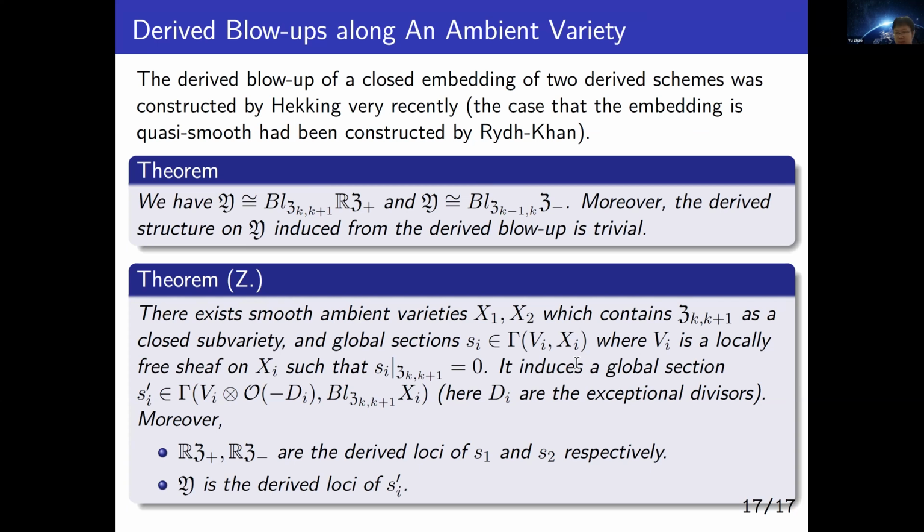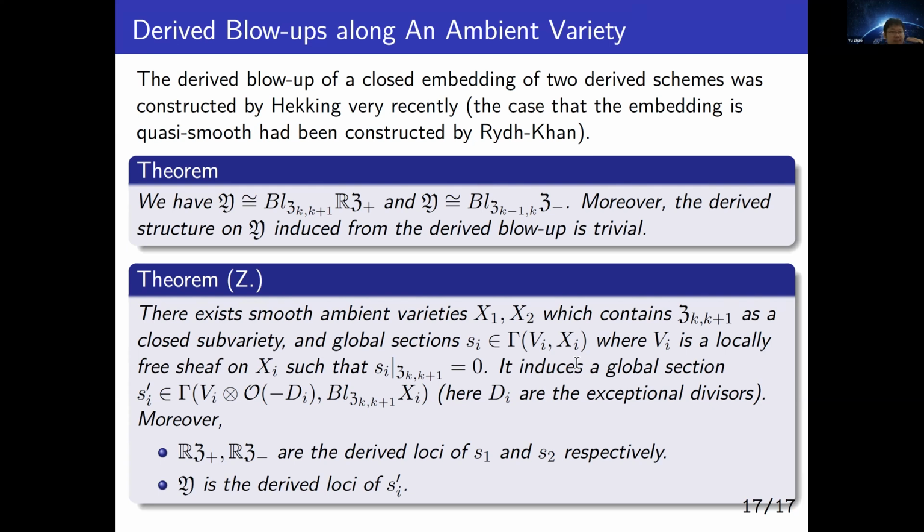The result is that first we could consider smooth ambient varieties X1, X2, which contain the diagonal Zk k plus 1 and also Zk minus 1 k. And we can associate locally free sheaves Vi on Xi with global sections Si, such that Z plus and Z minus are the derived zero loci of S1 and S2.